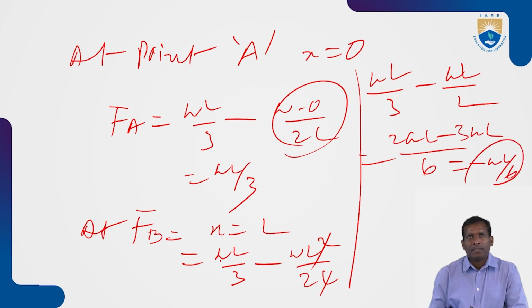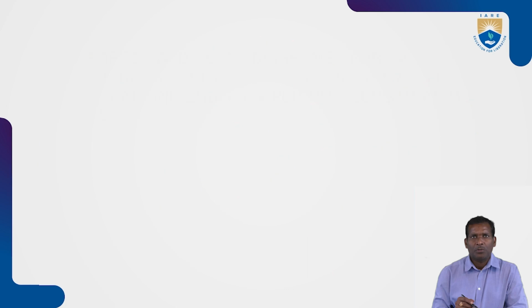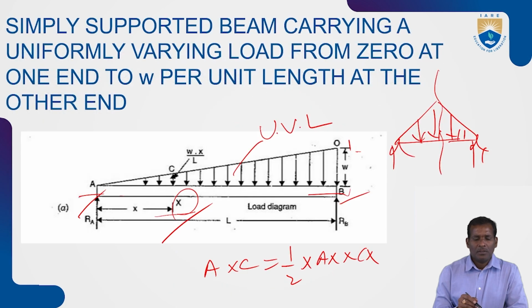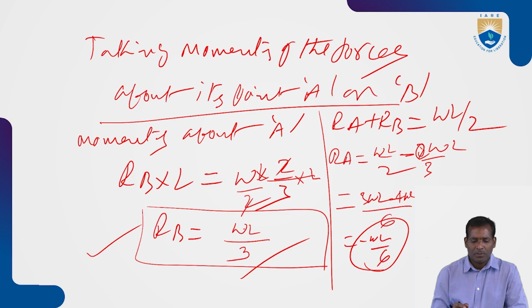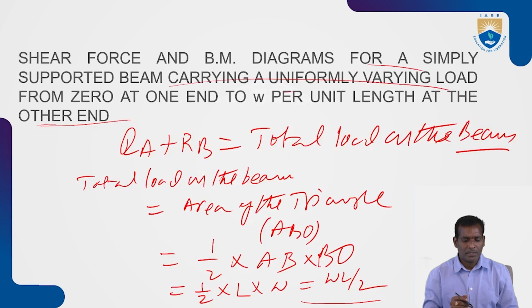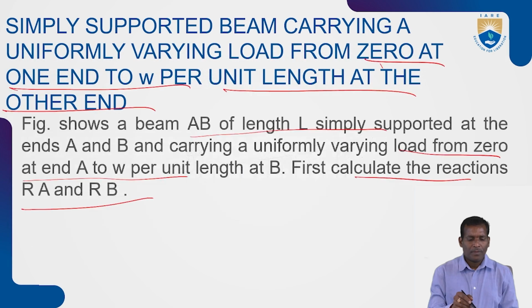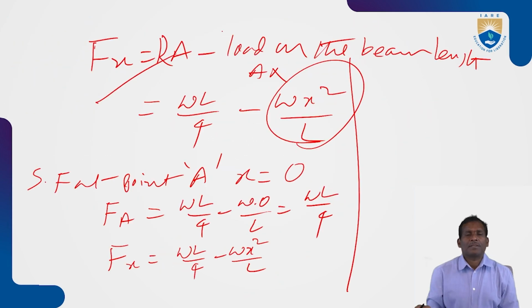At section X, we have already calculated the shear force at section X. That is Fx, RA minus the load on the beam. Similarly, calculate the bending moment.